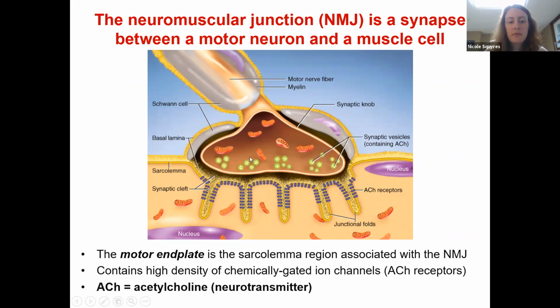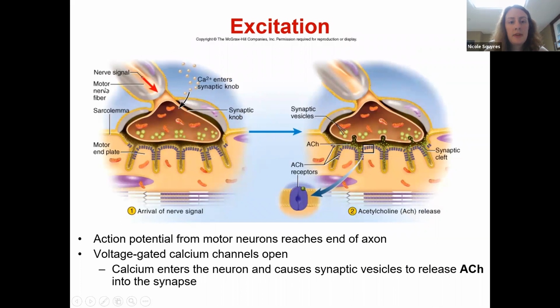Okay, so what's going to happen, if we look at this image right here, an action potential is going to come down the axon of that motor neuron, and it's going to reach the end of the axon. And similar to synapses that we've looked at before, when that action potential reaches the end of the axon, it's going to cause voltage-gated calcium channels to open within that axon terminal.